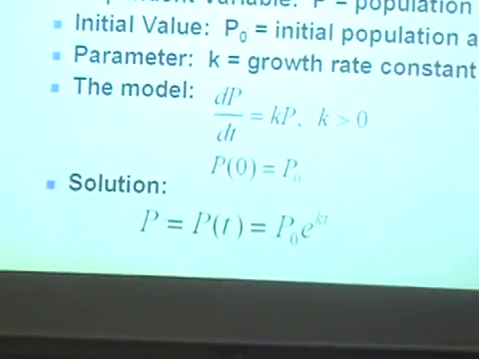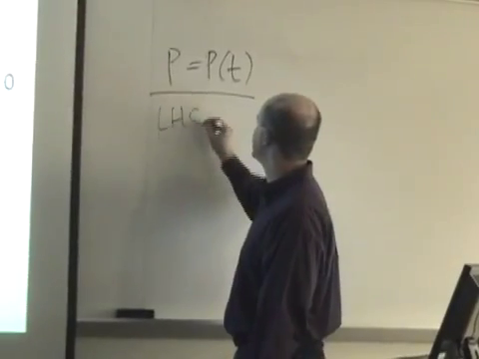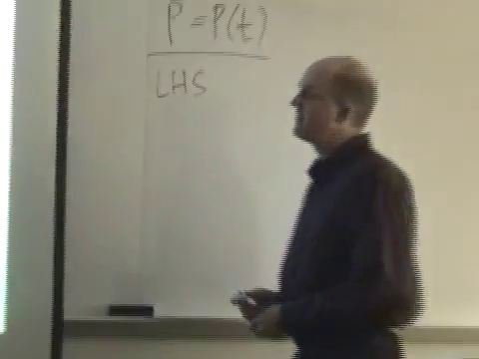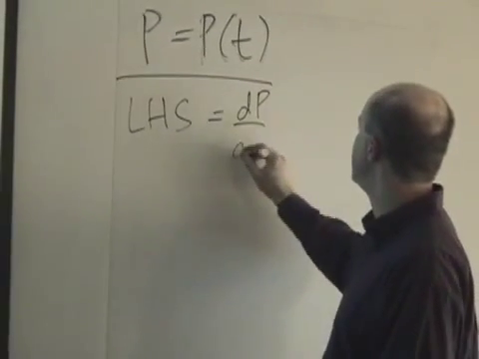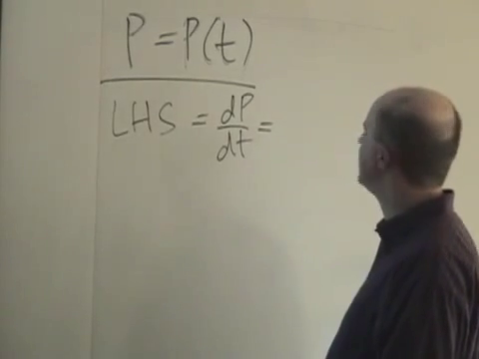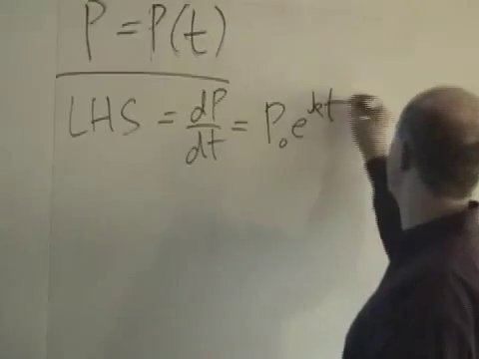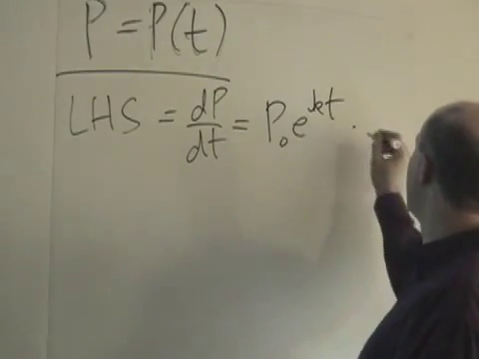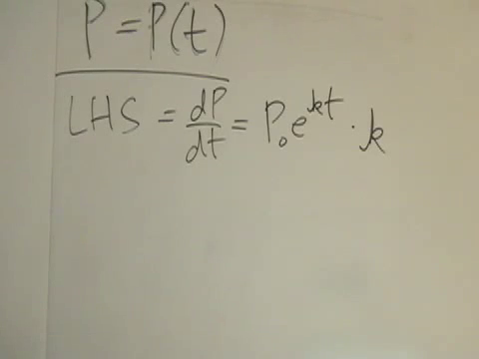Let me do it quickly on the board here. LHS stands for the left-hand side of the differential equation. That's dp dt. For that particular function, p0 times e to the kt, remembering that I'm differentiating with respect to t, I get an extra k from the chain rule when I take that derivative.